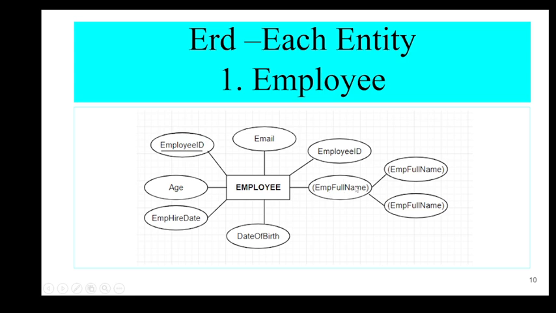Under full name, we will have the first name and the last name. Sorry for the confusion. As you can see, we have added some prefix here: emp full name, emp hire date, at least not to obscure the meaning.